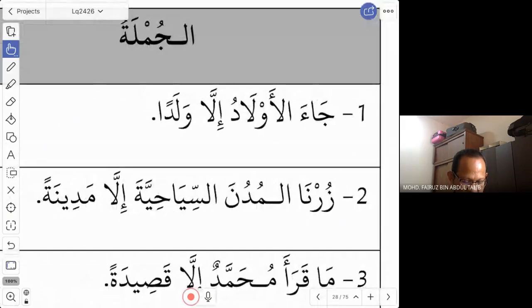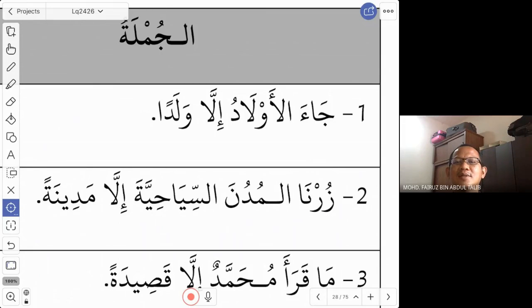Now the second sentence: zurna al-muduna siyahiyata illa madinatan. What is the meaning of this sentence? Anyone want to try? Zurna.